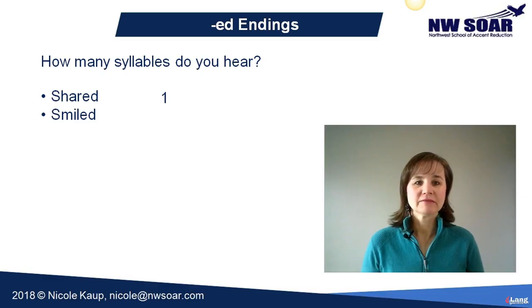Again, there's only one vowel sound, I. This one's a little bit different. Pointed. In this one, we have two syllables. You hear oi in the first syllable, and you hear ed in the second, pointed.